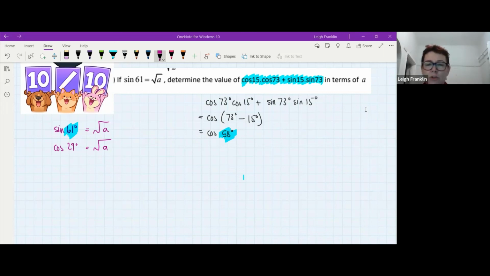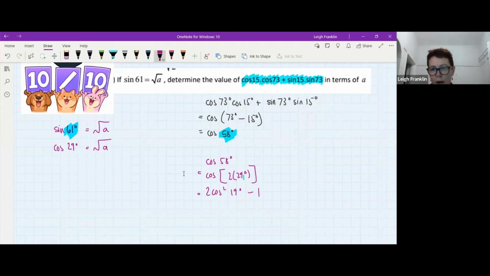And now it's not going to be so difficult for us to write cos 29 in terms of 58. So we know that the cos of 58 is equal to the cos of 2 times 29. This gives us, and again, it doesn't matter which cosine double angle formula we use, I always just go for 2 cos squared 29 minus 1. I seem to like that one for whatever reason.